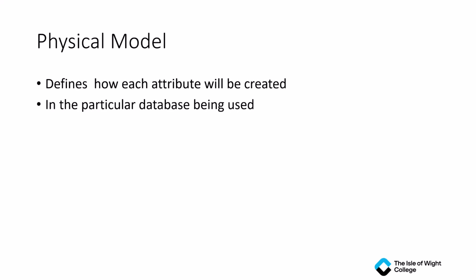Now, the physical model defines how each attribute will be created. This is very important in the particular database being used. Now, database theory says relational database theory is universal, and that's true. However, there are various implementations of relational database systems: Oracle, SQL Server, MySQL, and those sorts of things.